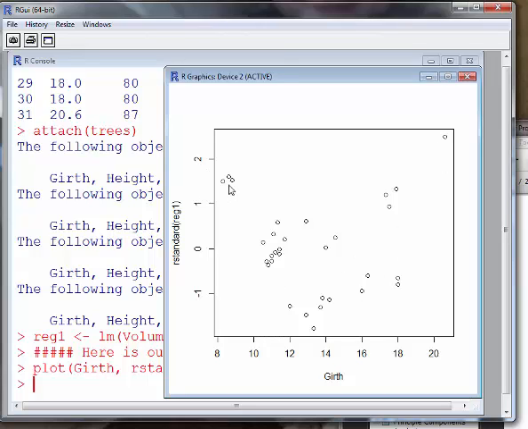It looks like they start up here, and then they spread out and fan out, and then go up and to the right, so that maybe our variances are not constant. This is sort of a problem. It's not what you want to see when you plot residuals, right?